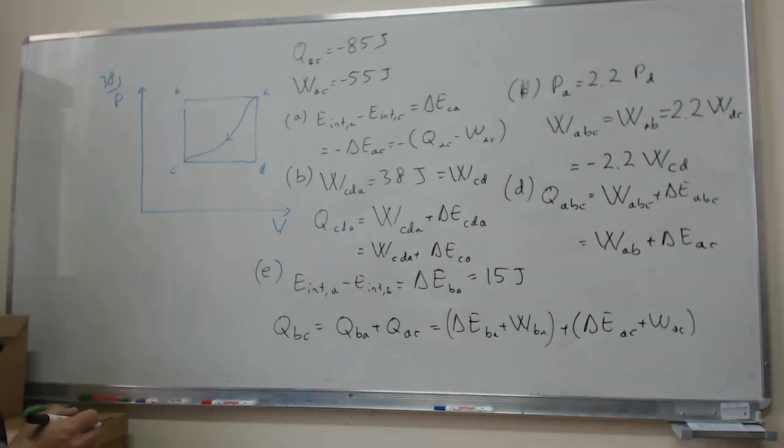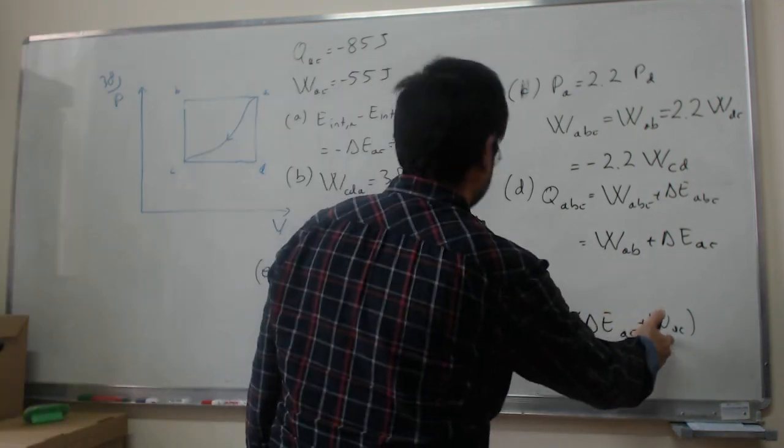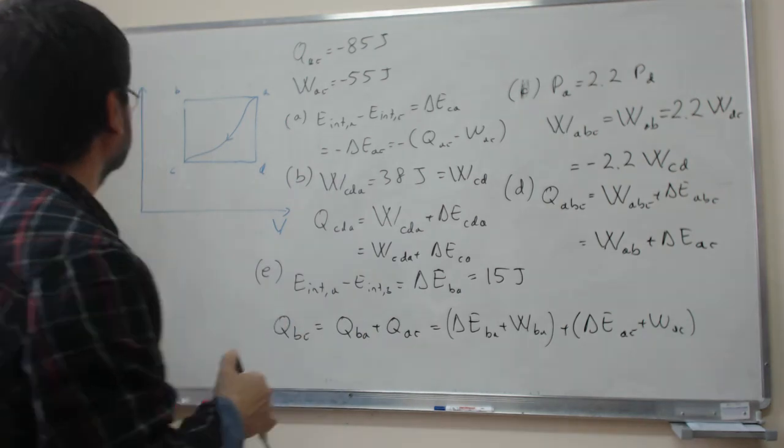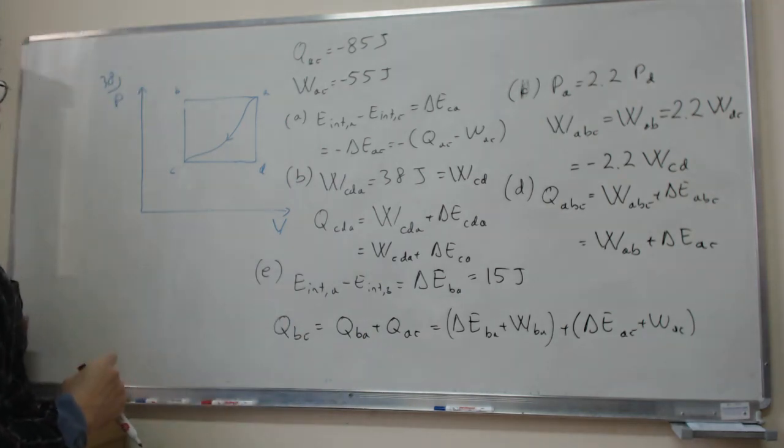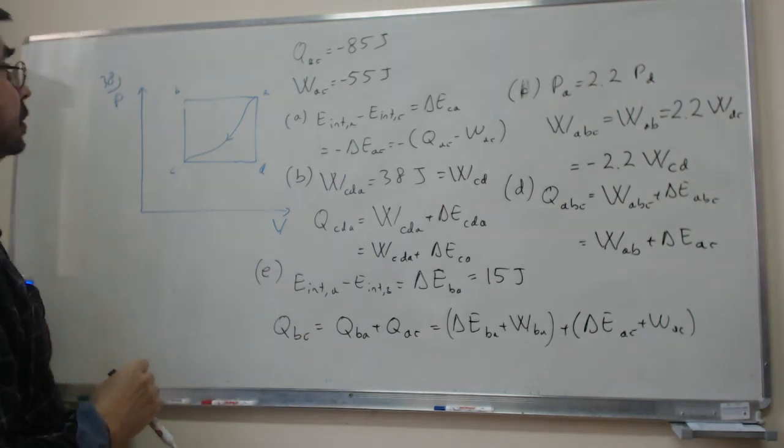Okay. This is a bit problematic because this is not well defined. Right? It depends on how you go from A to C. Is this given? Oh, it is given. Okay.